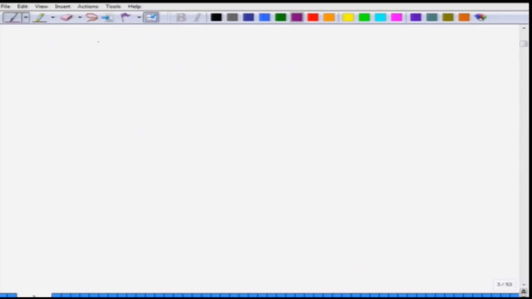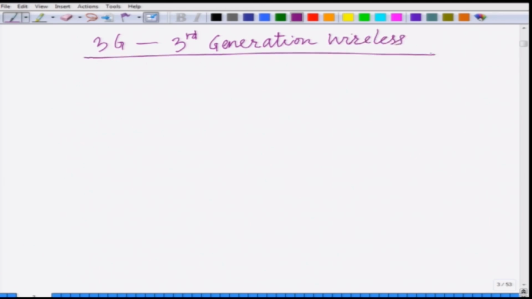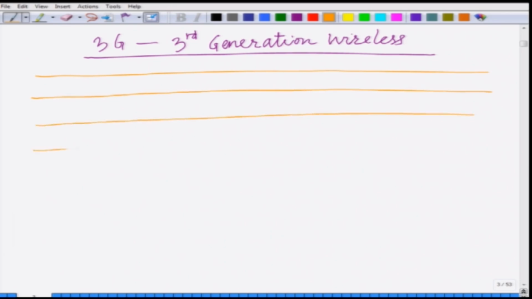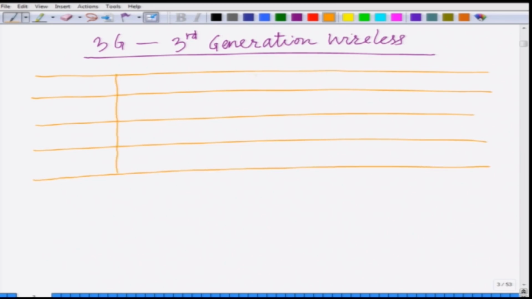So 2G gave way to 3G, the third generation wireless communication systems, and I am going to make a small list of these third generation systems, similar to what we made for the 2G scenario.